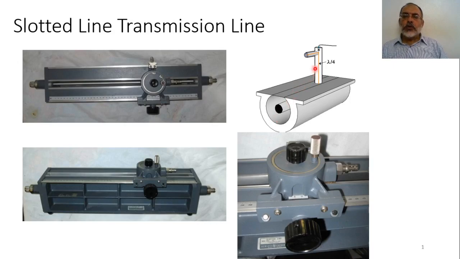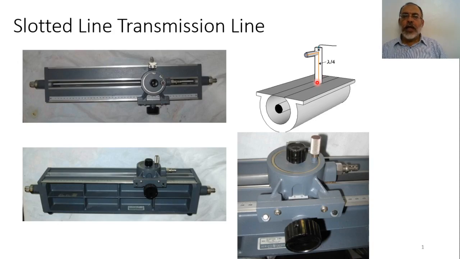This slot is used to insert a very small probe, and this probe is connected to a small rectifier circuit. This circuit rectifies the RF or microwave signal to an equivalent DC signal, and this DC signal is proportional to the amplitude of the electric field at the location of the probe.